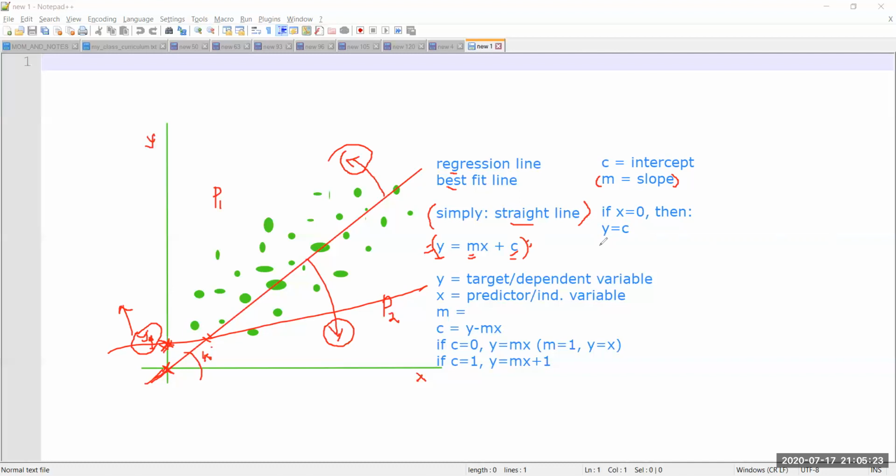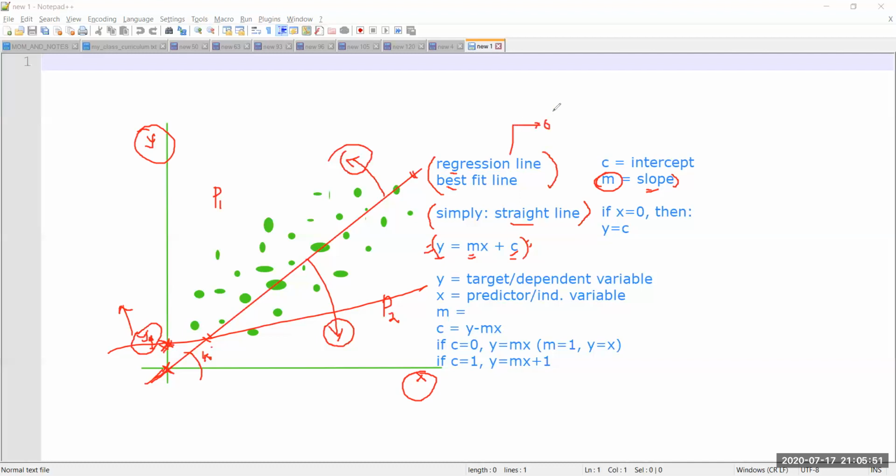This is a regression problem where I'm trying to approximate the value of a continuous variable. The target variable for me is y, also known as the dependent variable. The x is my predictor or independent variable. I have a value called m in the equation y is equal to mx plus c. M is the slope of this line, which is known as the regression or the best fit line, which I'm trying to find.